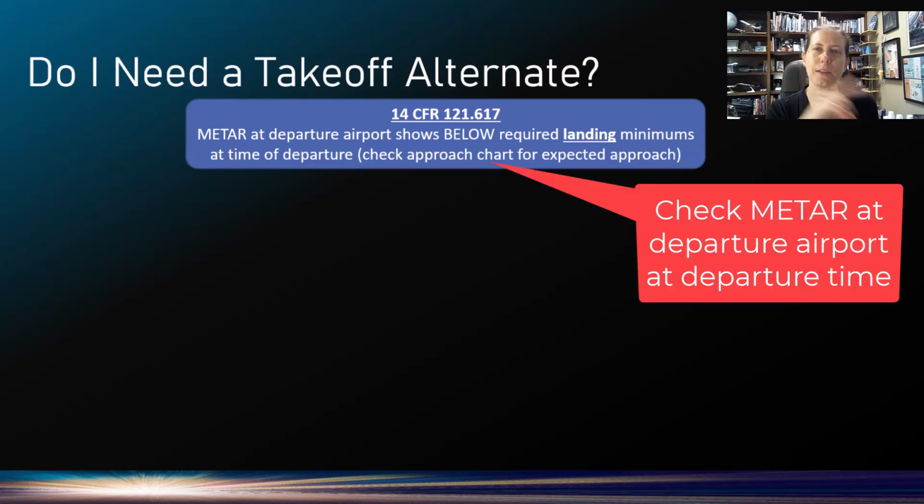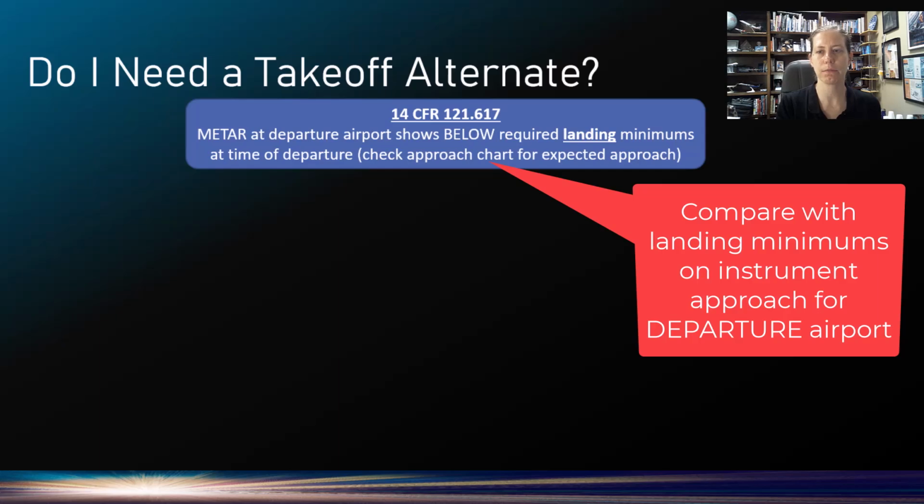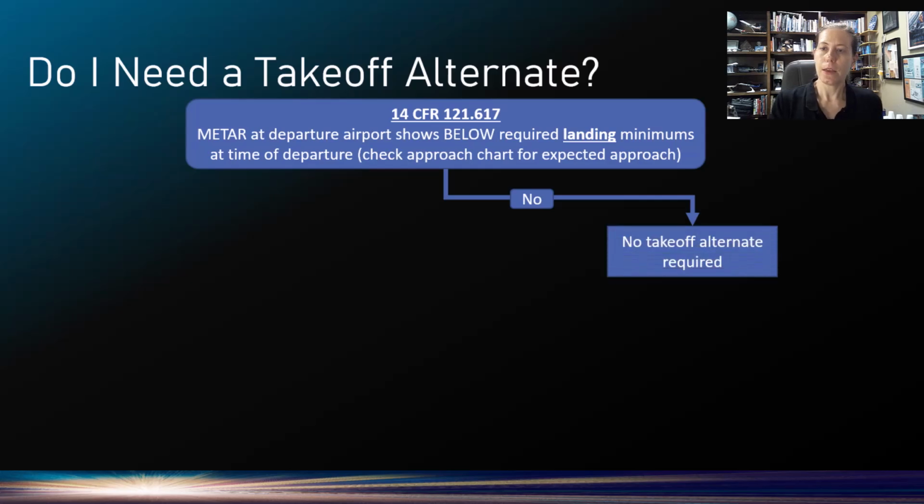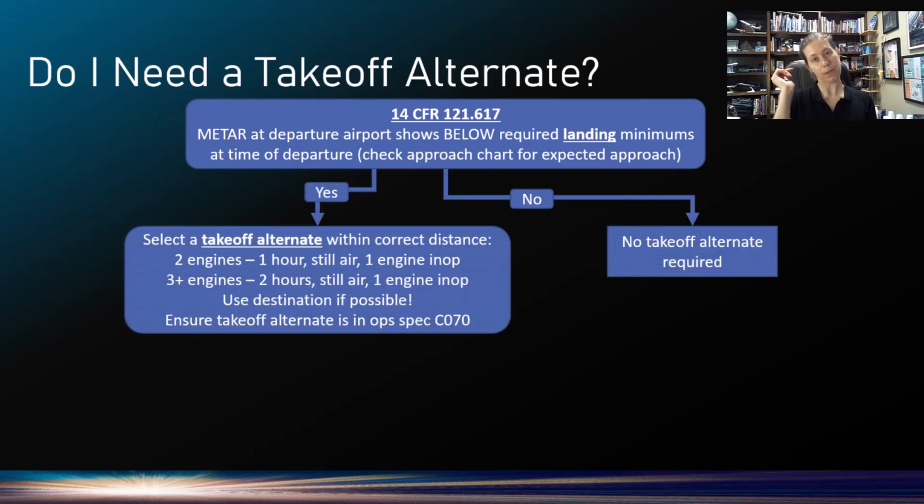If it shows that it is below landing minimums to come back to land at my departure airport, say for example, I had an issue and I had to come immediately back, then I need to have a takeoff alternate. If not, I don't need a takeoff alternate.